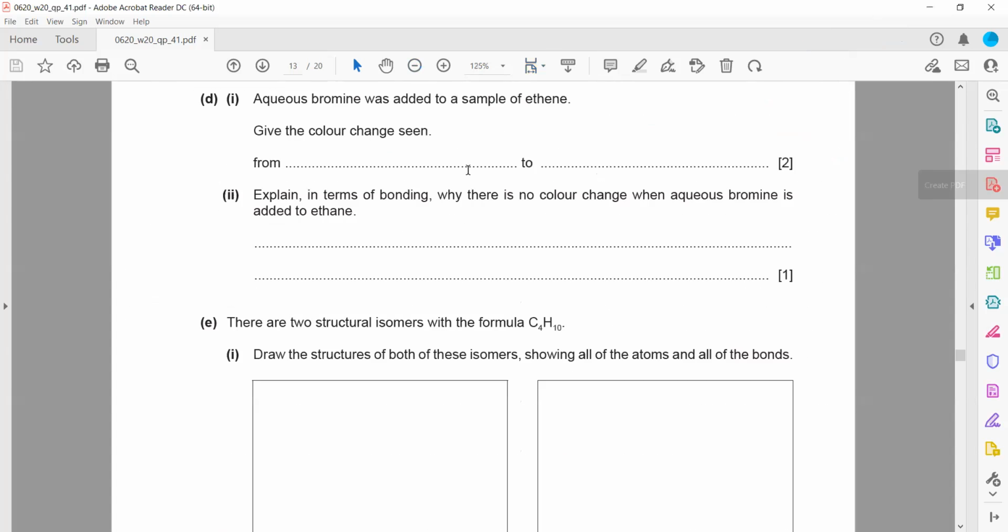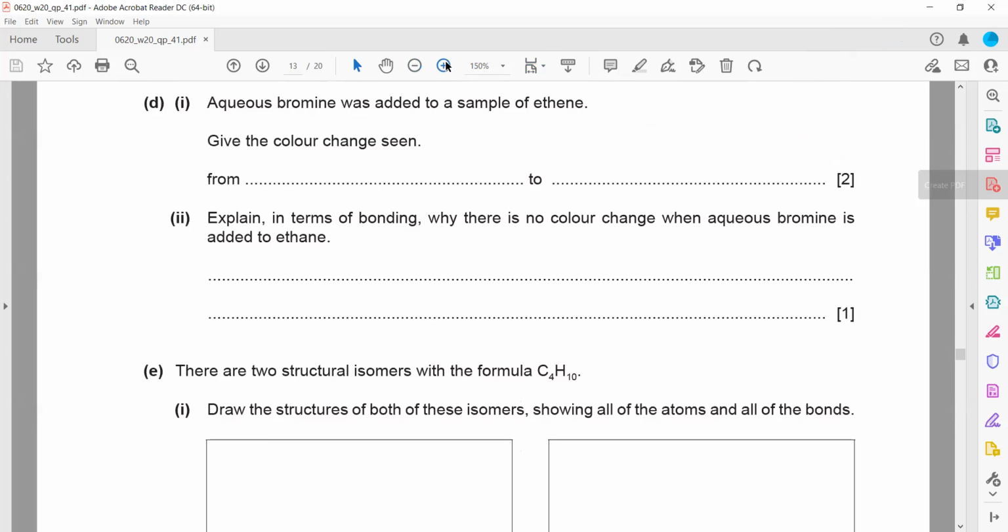In part D1, aqueous bromine was added to ethene. Whenever we add aqueous bromine, what is the color of aqueous bromine? Original color, it is orange. And whenever we add it to any alkene, it is not necessarily ethene, it can be ethene, propene, butene.